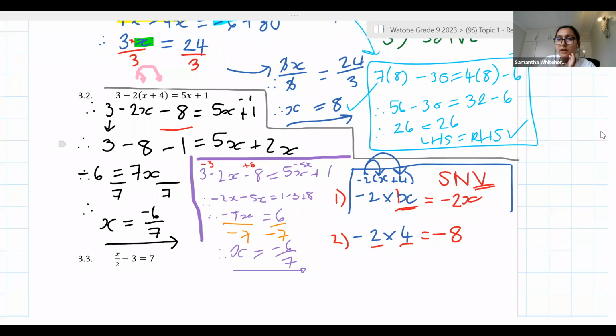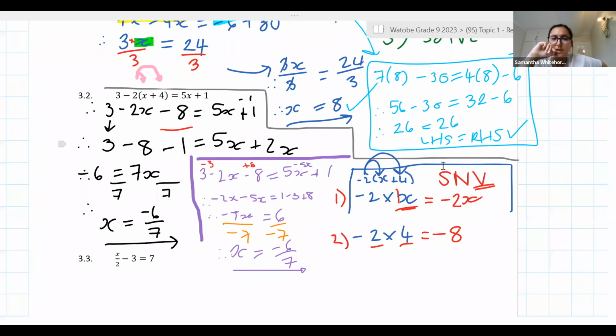Kulunga, do you have a question for us? I'd like to ask, how do we invert the 2x and the 5x so that we can get the answer?